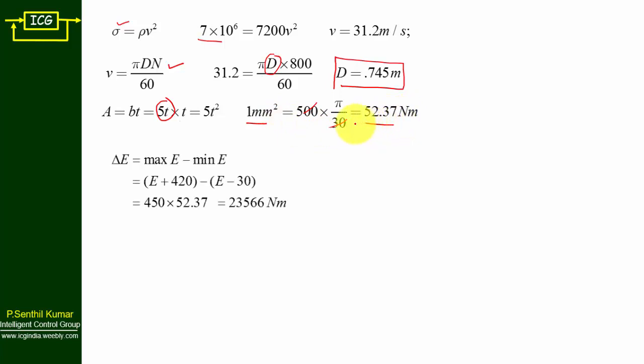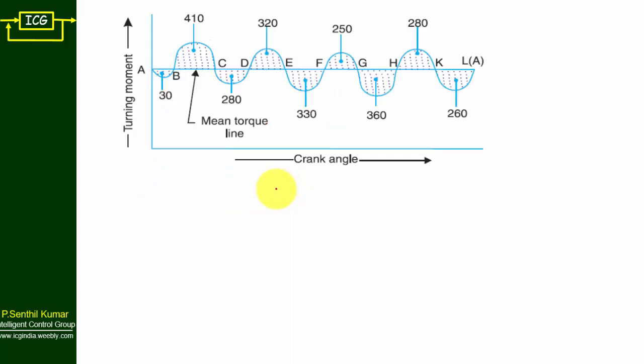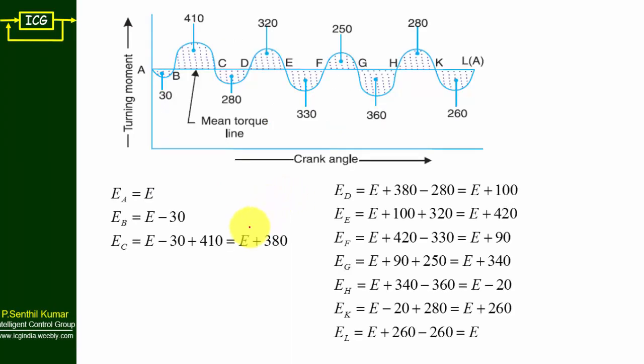Now we have already calculated energy at different levels. What we need is del E. Del E equal to maximum energy minus minimum energy. Refer to the previous slide, where maximum energy is E plus 420 and minimum energy is E minus 30. Let me go back to the previous slide to show you the maximum energy, E plus 420, and then E minus 30, which is the minimum.